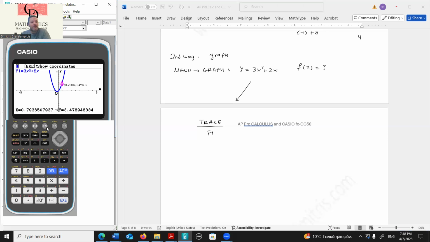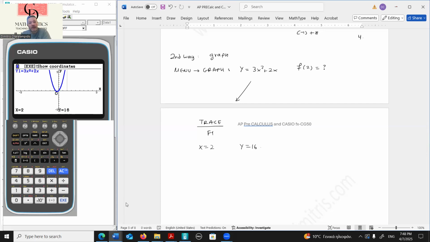But if I simply press 2, it pops up the prompt to enter the x value, x equals 2, and once I confirm with EXE, it directly shows me the value. I'm not seeing where the cross is, but the GDC knows. It says x equals 2, y is 16.